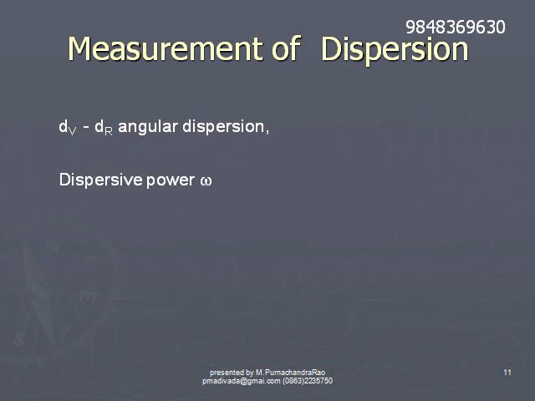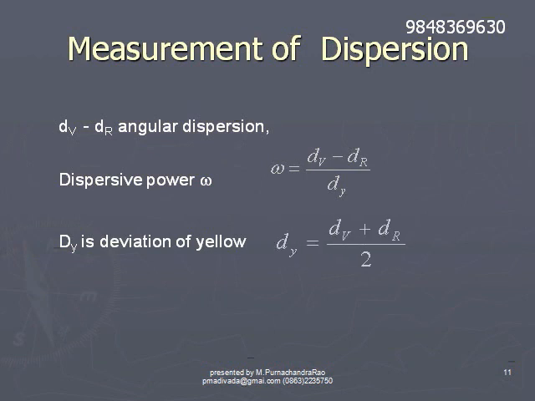There is another quantity which is used for measuring the dispersion, known as dispersive power. Dispersive power omega is defined by the relation omega is equal to (dV minus dr) by dy.